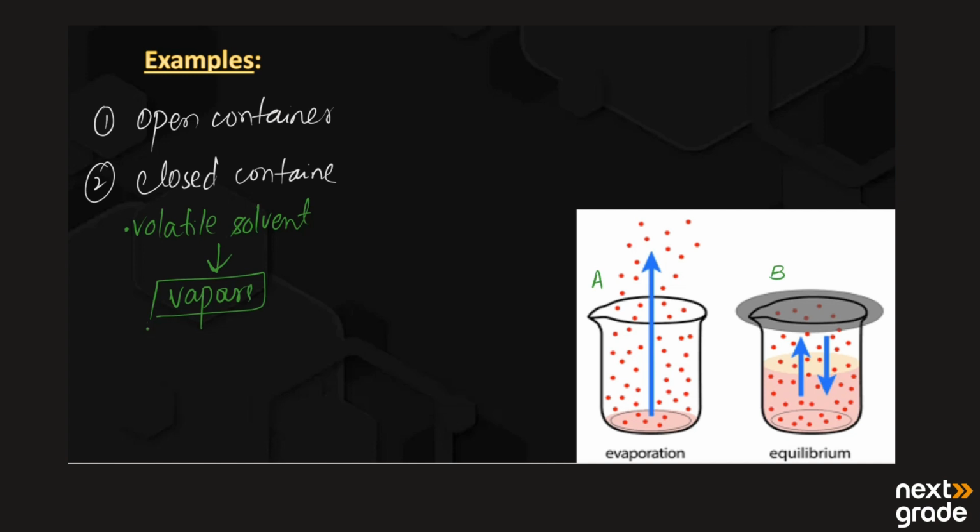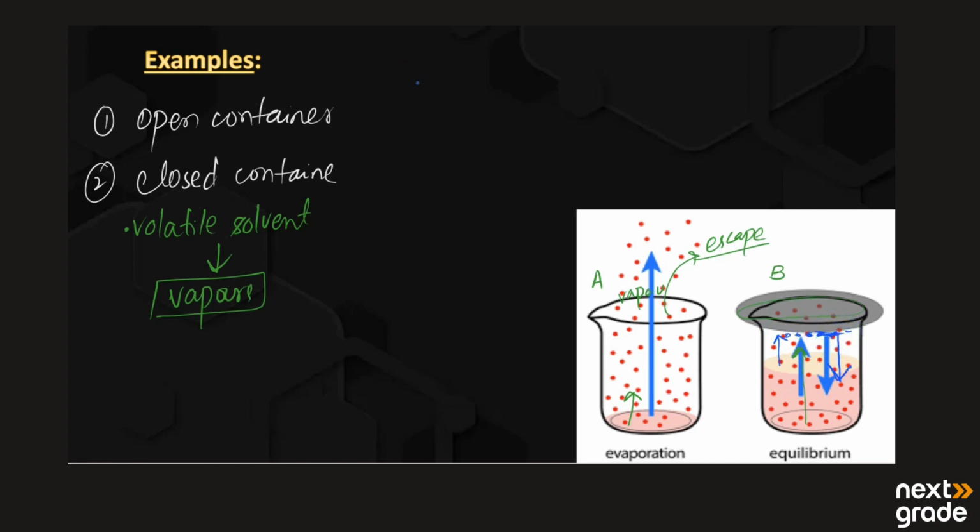In picture A, the liquid starts to change into vapors, and these vapors escape into the atmosphere. But in picture B, as it is a closed container, the vapors do not get the space to move out. They gather there, and after gathering they start to recondense and change back into the liquid.